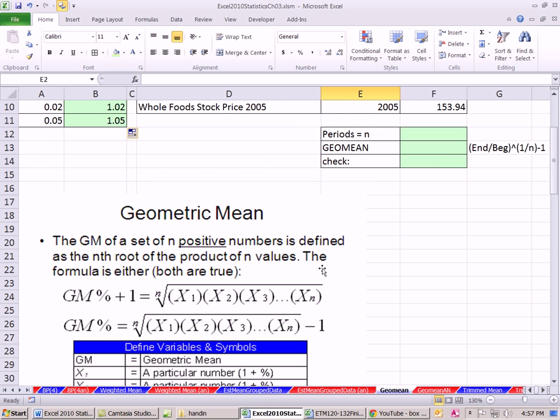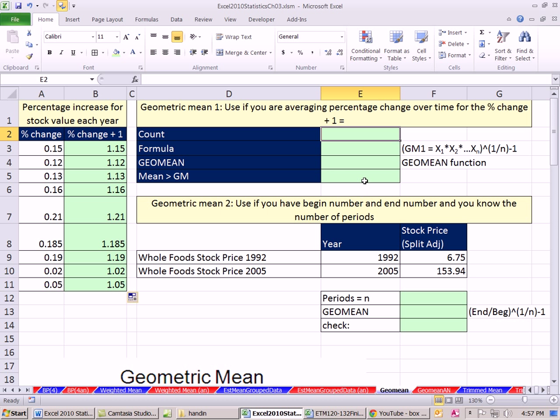Now, in order to calculate this formula, we need to know how many, and then take that nth root and then subtract 1 to actually get the percentage change. So I'm going to count. I'm using count because I'm counting numbers. Now the formula. We have the GeoMean, and we're going to see two formulas here, geometric mean 1, geometric mean 2.